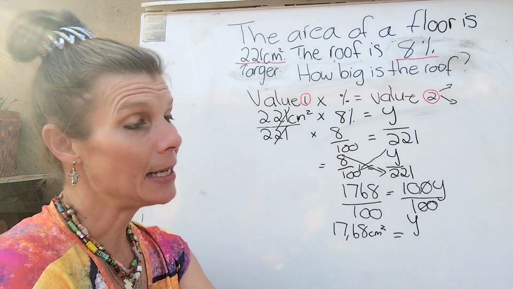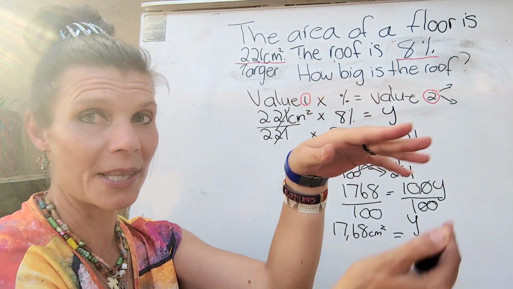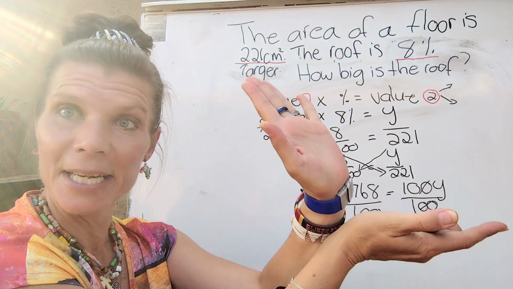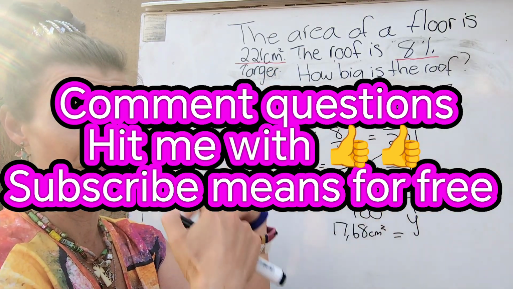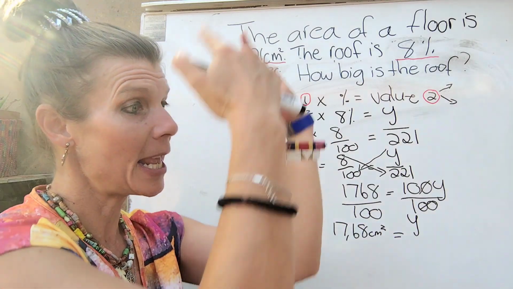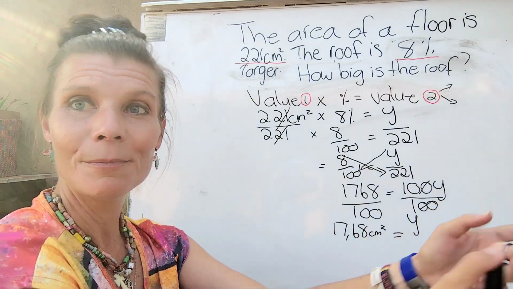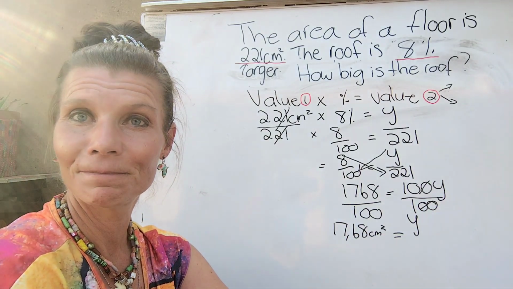Value 1 times percentage equals value 2, whether it increase or decrease. What I do this side of my magical maths rainbow, I have to do that side of my magical maths rainbow. And that's how easy it is.